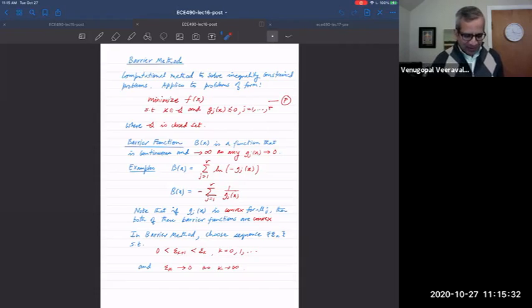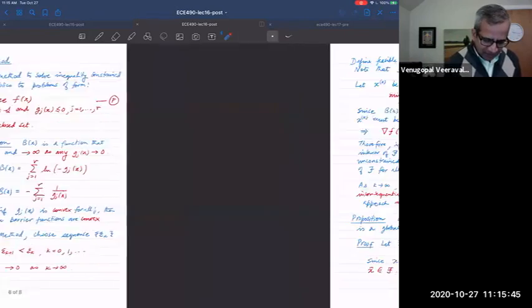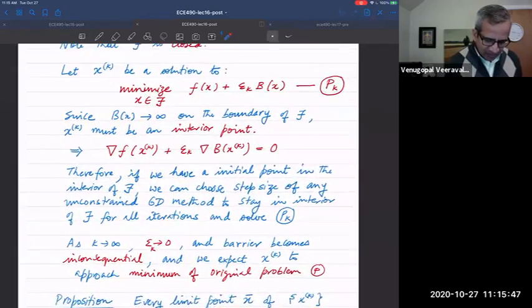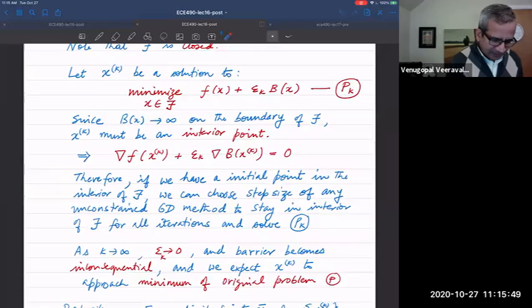So you add this barrier function that blows up at the boundary, and then you make sure that the barrier function plays less and less of a role by multiplying it by an epsilon. So that's what we did here. This function f could have a minimum on the boundary, but once you add the barrier function, you're not allowing it to have a minimum on the boundary.